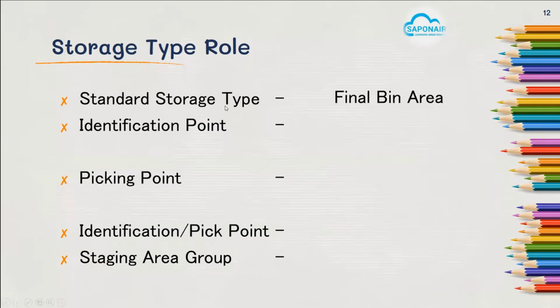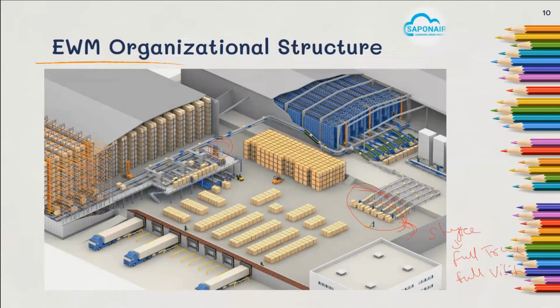This is also an interim area. On the first step, you take it to the lift, and from the lift, you take it to your final bin. This is also one of the layout restrictions. When I say layout restriction, what does it mean?